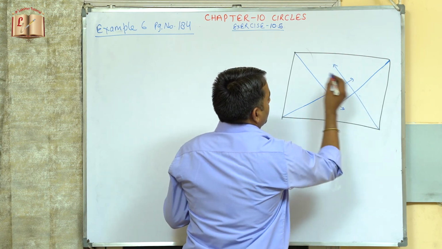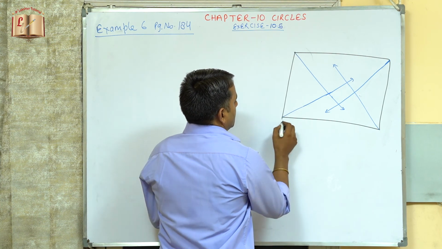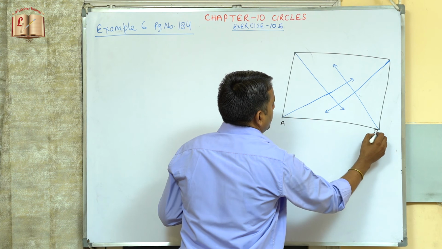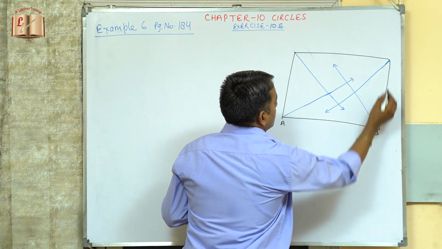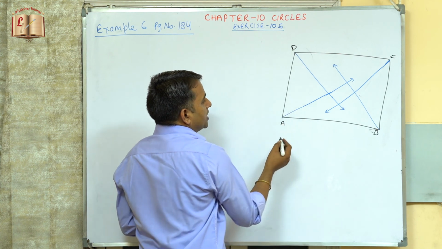sides. So we can take this as, suppose this is now A, B, this is now C and D. So these are the internal bisectors.